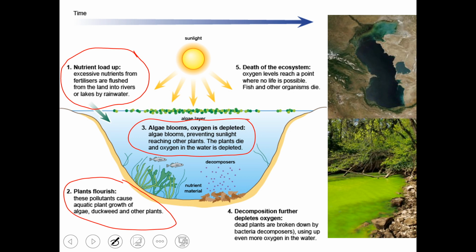As they grow, they produce oxygen, but they also are using some oxygen. When they die, they fall down to the bottom of that body of water, and decomposers break them down, using up even more of the oxygen. So we get to the point where there's not enough oxygen left in the water for fish and other life forms to survive, and so they begin to die.